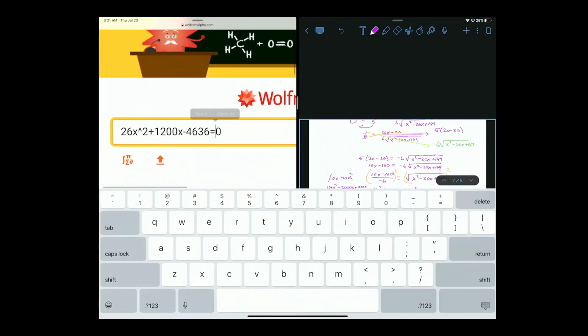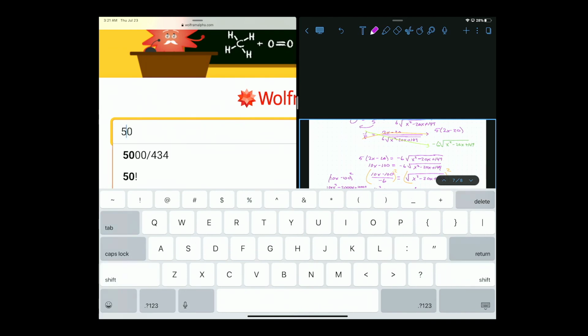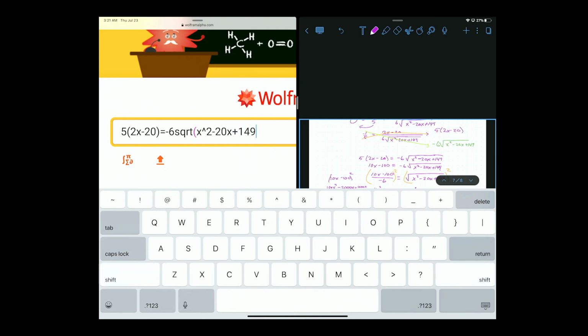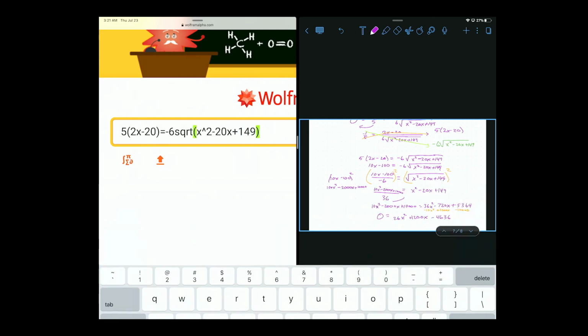So let's back it up to where we think maybe that's not a mistake. 5(2x minus 20) equals minus 6 square root of (x squared minus 20x plus 149). Close.